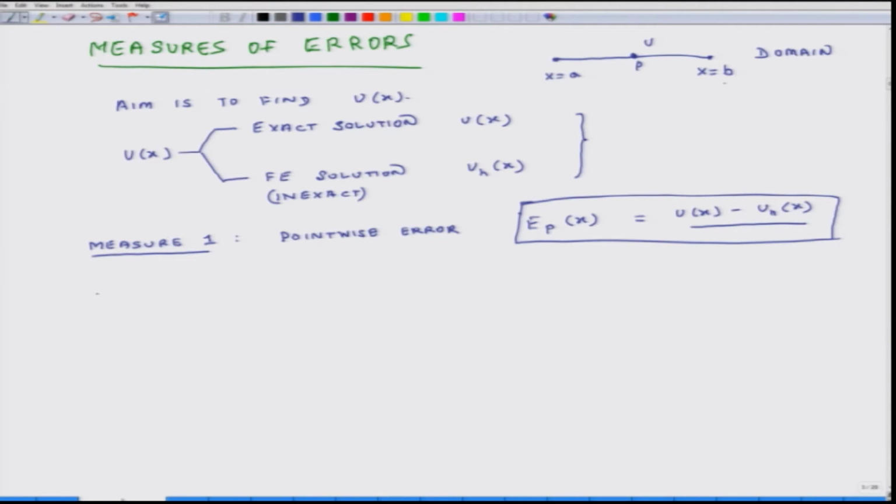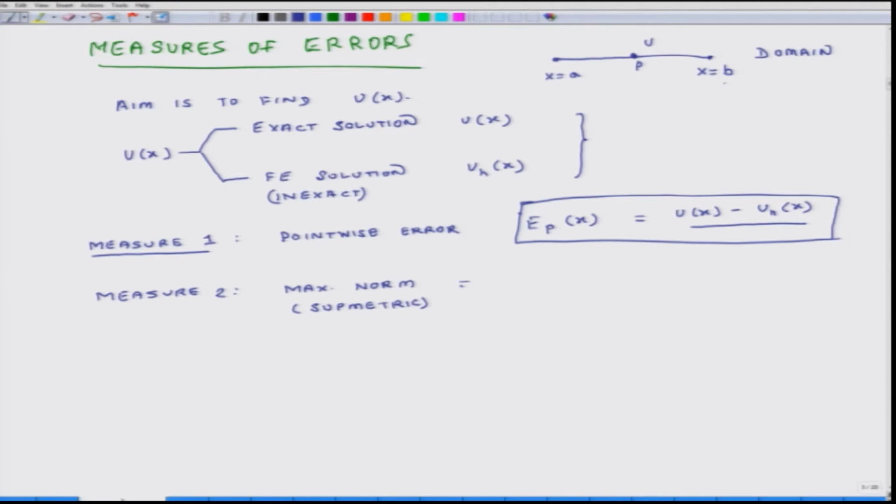So, in that context, we will discuss another measure, measure 2, and this is called the max norm, maximum norm, and some people also call it the sup norm.